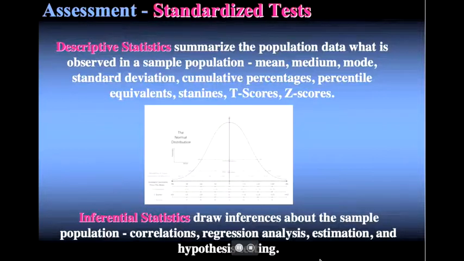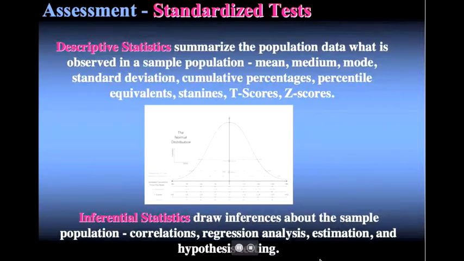They express themselves a lot of times in percentages or percentiles or stanines or t-scores and z-scores, and the expectation is that there's a normal distribution of scores, and you can project the mean, median, and mode of a norm population.